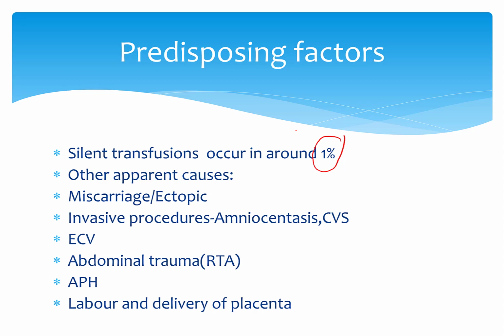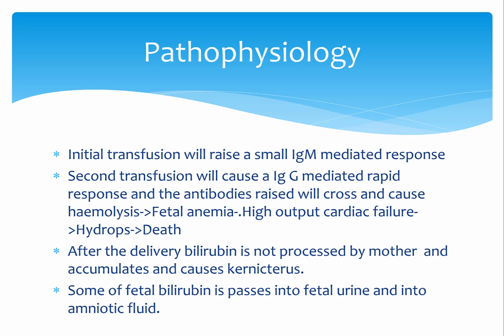In situations where there is a possibility of bleeding, like miscarriages, ectopic pregnancies, or when we put needles in like amniocentesis or chorionic villus sampling, or when we manipulate the fetus like external cephalic version, or any abdominal trauma, antepartum hemorrhages, or at the time of labor and delivery of the placenta, there is a possibility of transfer between the mother's cells and the baby's cells. So the baby cells can cross into the mother.